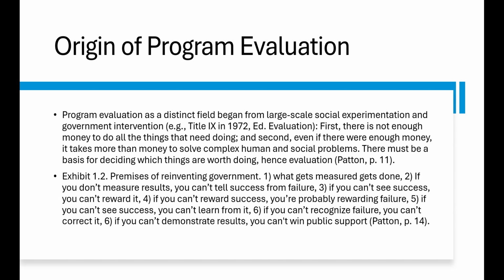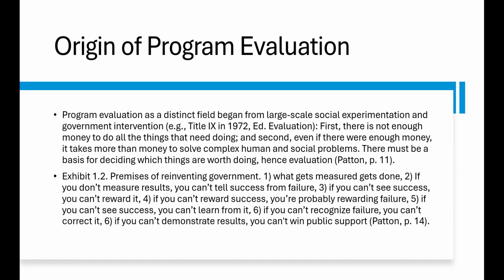In Michael Patton's book, he has different exhibits with sets of policy and practical information. One of them is Exhibit 1.2, and it covers the premises of reinventing government.